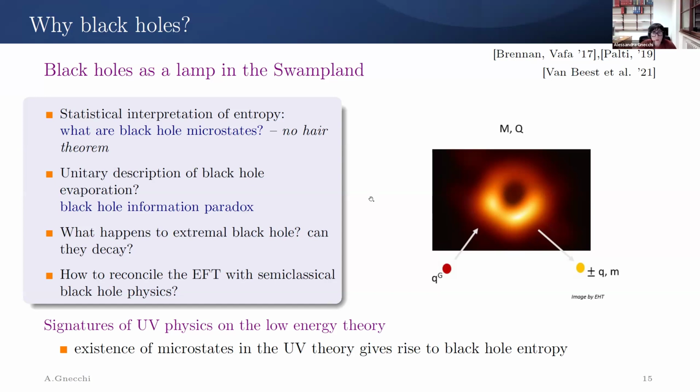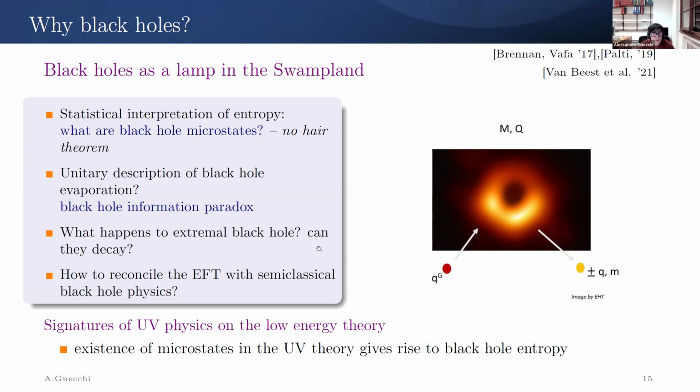Then an extremal black hole somehow has zero temperature. Thermodynamically, black holes decay because empty space with gravitons is thermodynamically favored over a finite temperature black hole system. But if the temperature is zero, there's no more thermodynamic process that would lead this extremal black hole to decay.